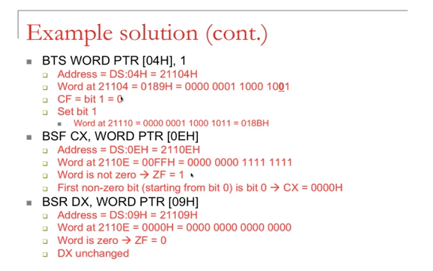So this BSF is bit scan forward. We're going to look at this value. We're going to scan from bit 0 all the way up to bit 15. Because we found a non-zero bit, this whole value is not a 0. So we set the zero flag to be a 1. Also, we happen to find that the very first bit, bit 0, is a non-zero bit.